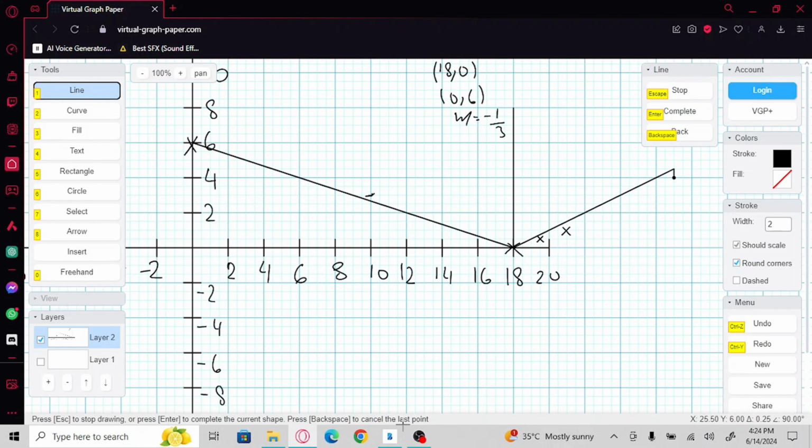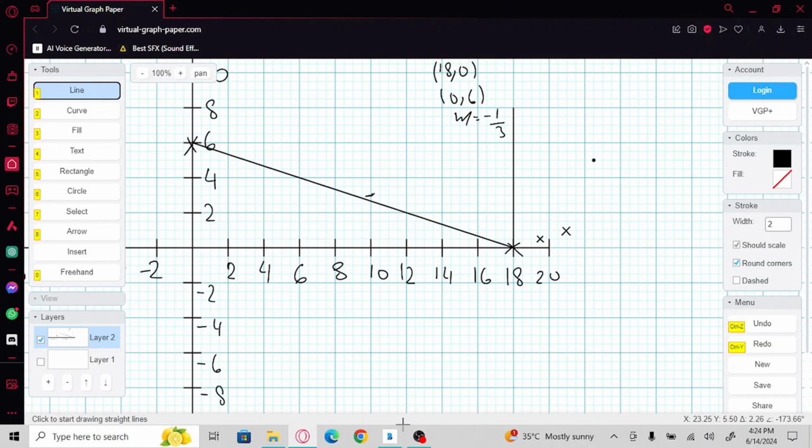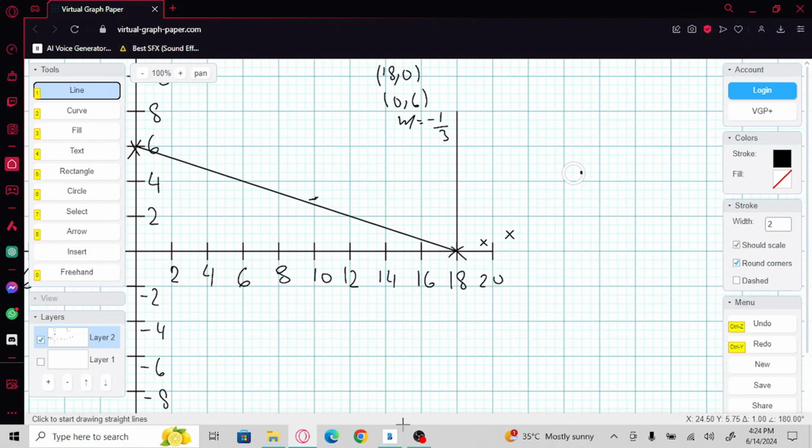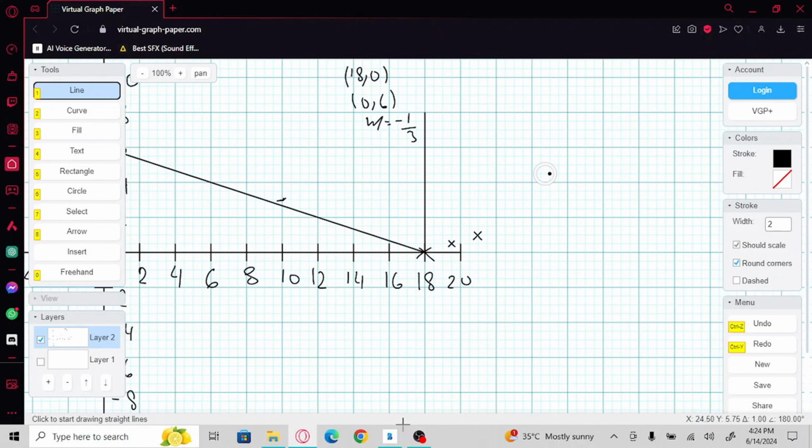Wait a second. I think we need more graph paper for this, and we go all the way up to 6.